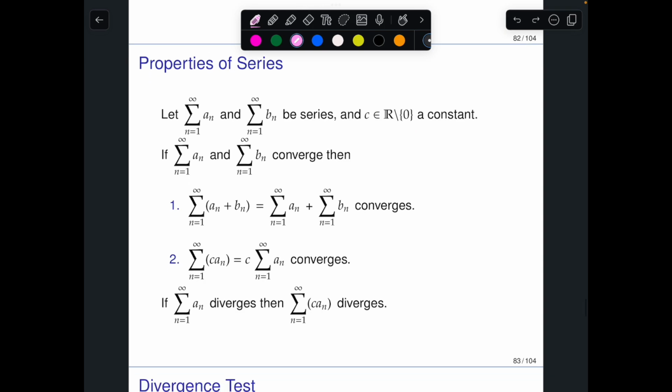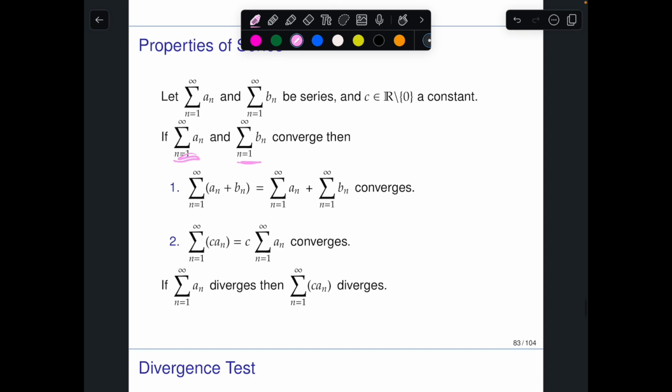And it's saying if both of these series an and bn converge, then the addition of them also converges, which makes sense because if you think of it, an goes like this and converges at this line, let's say bn goes like, I don't know, like this, converges at this line. When you add them up, you're just going to get something up here, right?